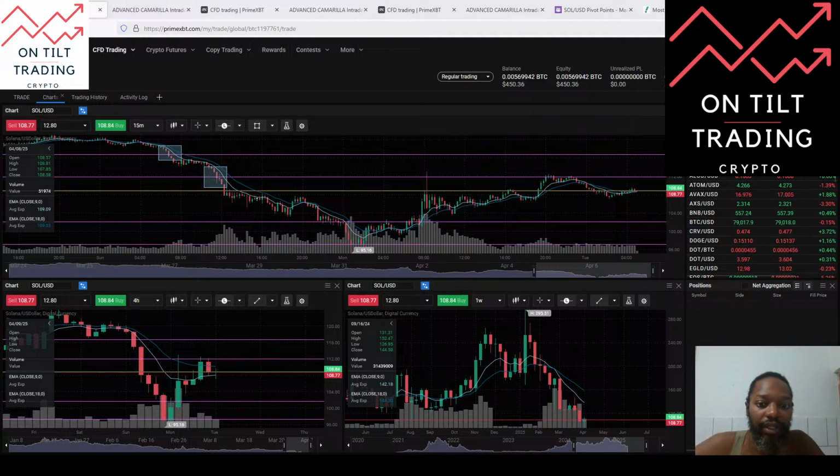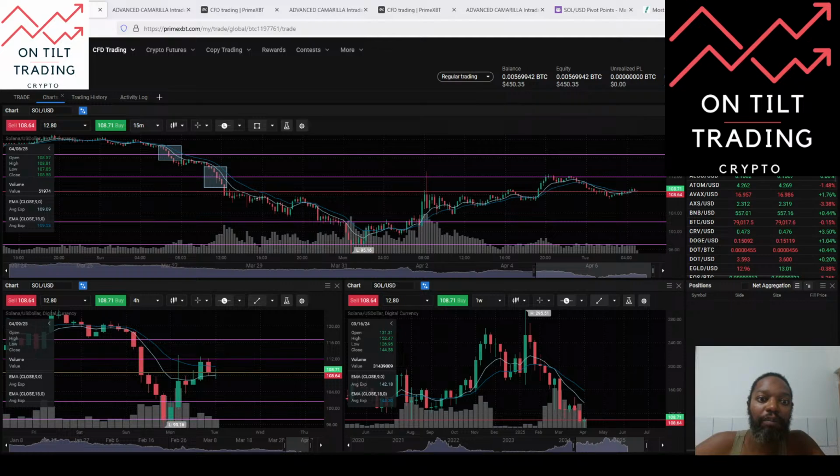So we have correlation between the weekly and the 4-hour when it comes to these exponential moving averages. And then we can see the price action yesterday that sold off.